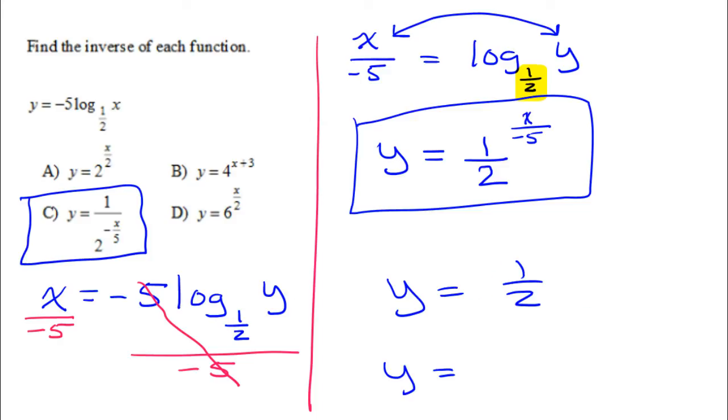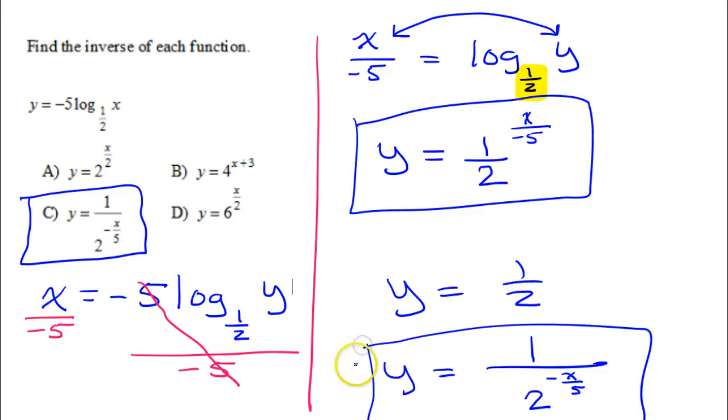If I take this exponent and apply it to both the numerator and the denominator, the 1 stays a 1 as the denominator becomes 2 to the -x over 5 power. And of course the little negative sign, it doesn't matter whether you put it in the denominator or out in the front. So in this form, you can see that it's the same thing as C.